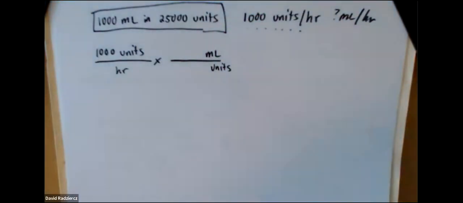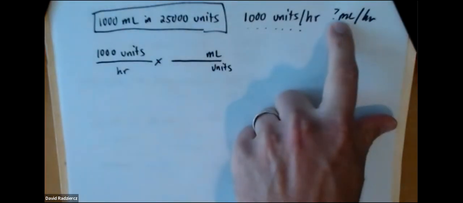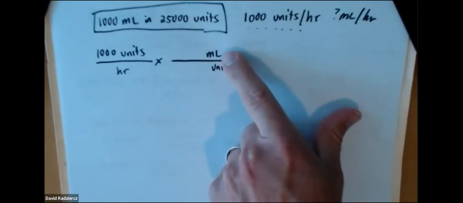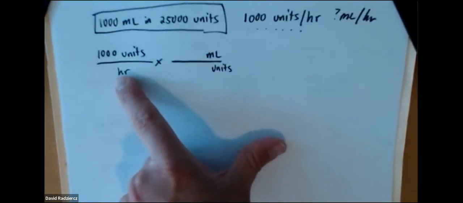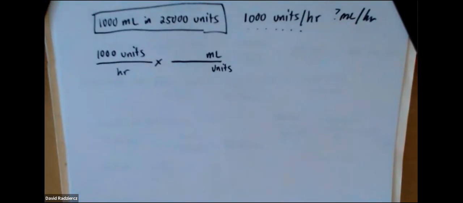and have milliliters. If you ever get stuck on this because dimensional analysis is not your thing, just remember, what are you looking for? You're looking for milliliters. So you want to make sure your milliliters are in the denominator, and that your hours are in the numerator. As long as you keep that in mind, that should help with what you're trying to do when solving these types of equations, even if you don't like the whole dimensional analysis thing.